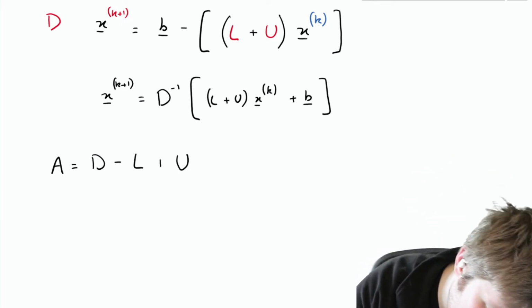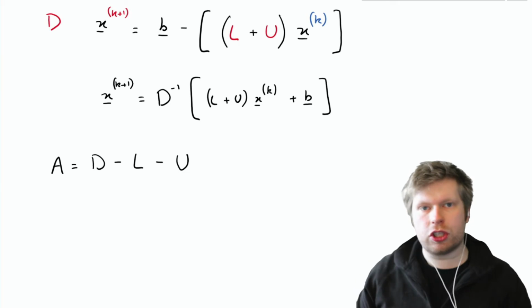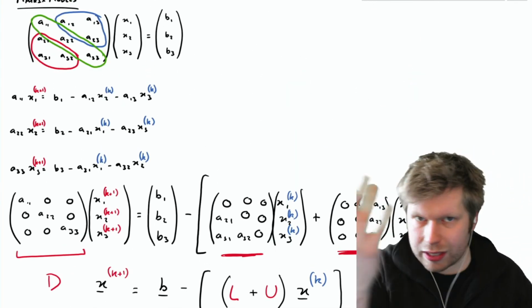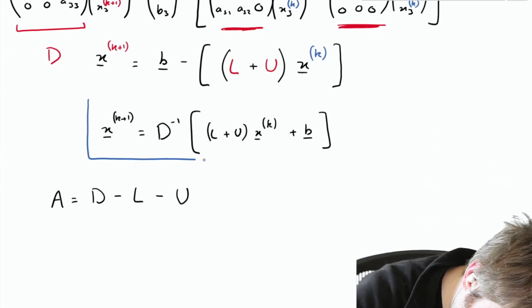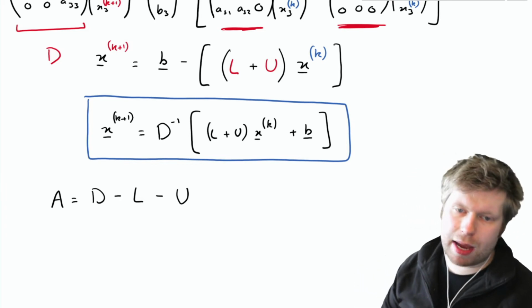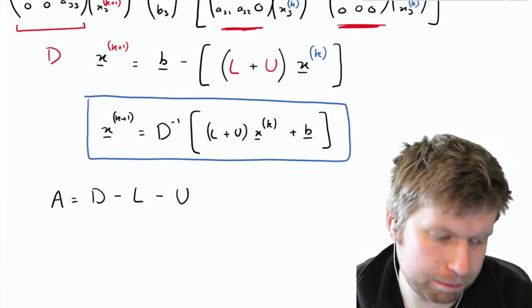And the same with U. So in other words, the L and U will just be the negative of whatever's currently in that matrix A. We'll do examples of this, don't worry about that. But basically, I can produce Jacobi's method by writing it like this. So this is the matrix representation, or the matrix form, of Jacobi's method.